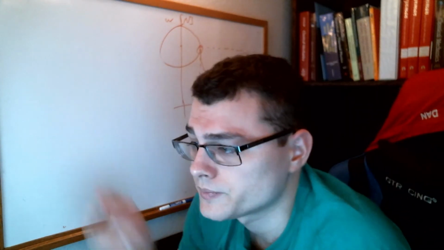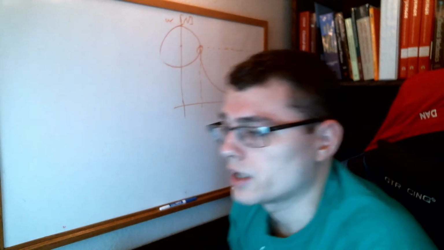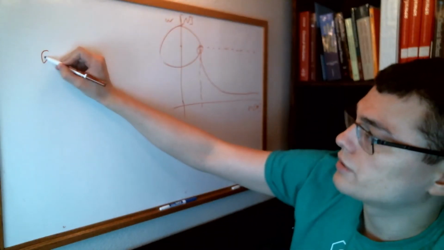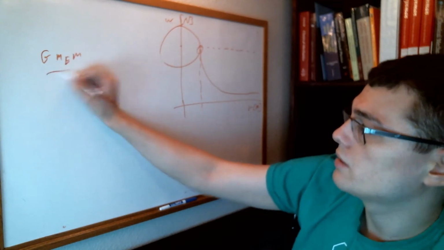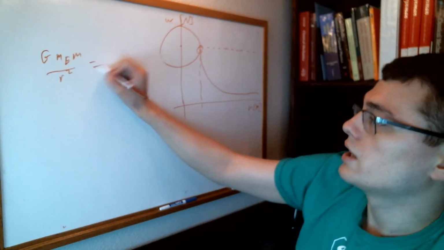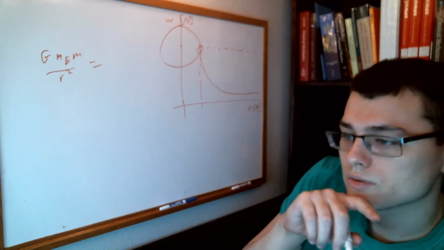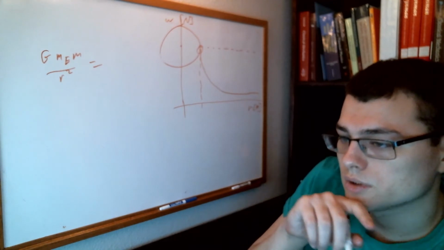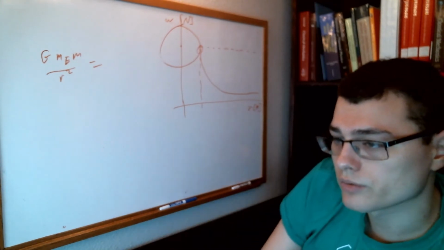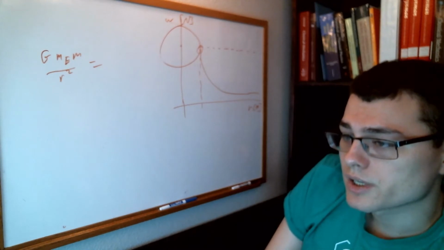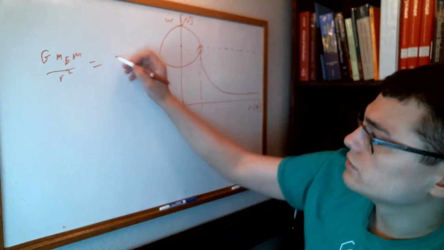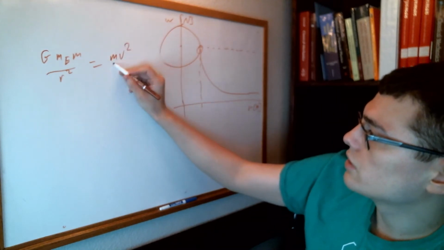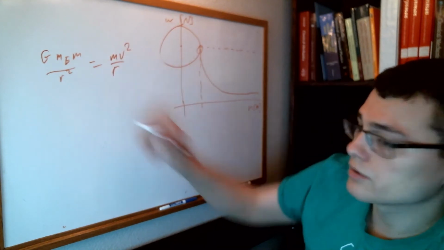So remember that we have our gravitational force here, which is G M_E m over r squared, and we can equate this to our radial force here, saying that this is going to be equal to m v squared over r.